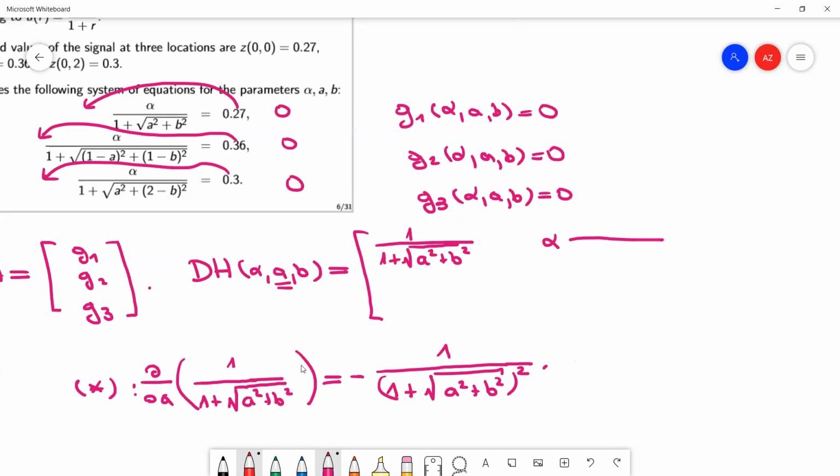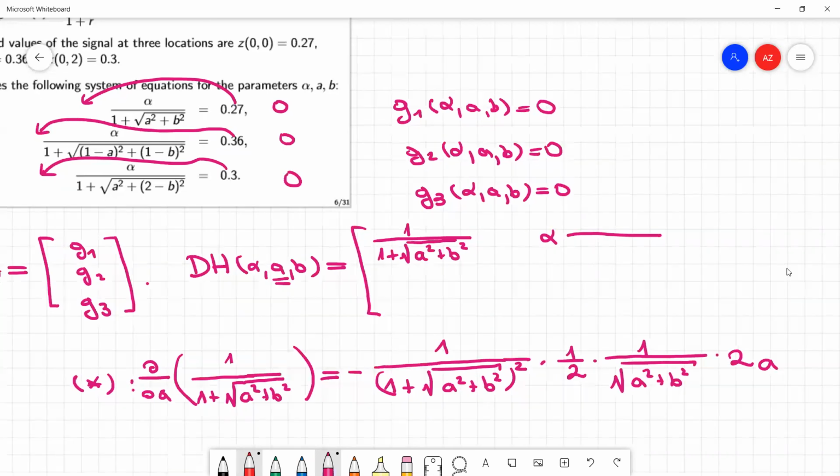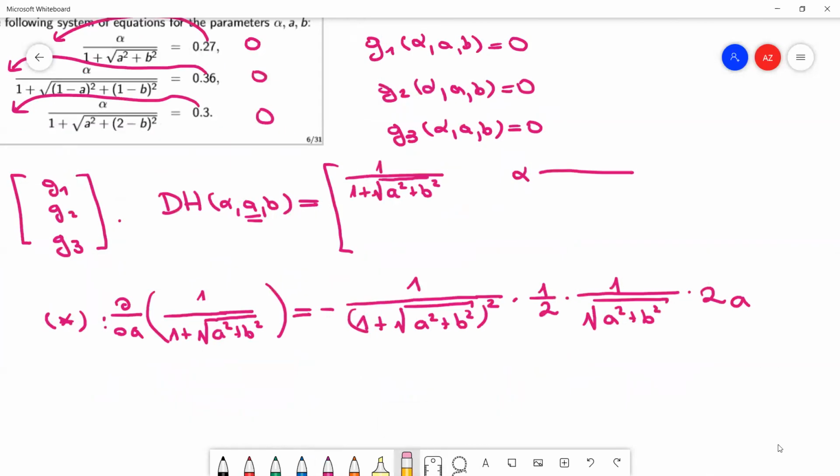So it's the derivative of the square root of a squared plus b squared. So it's 1/2 times 1 over the square root. And then we also have to take the derivative of the function inside the square root with respect to a. So this is 2a. And this is what we get here. I won't even rewrite this. So this 1/2 and 2 cancel out.